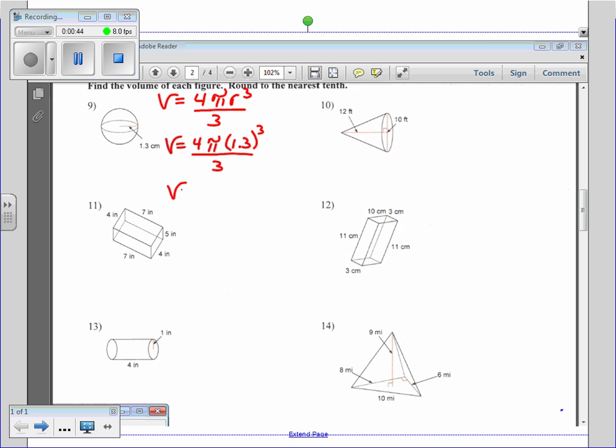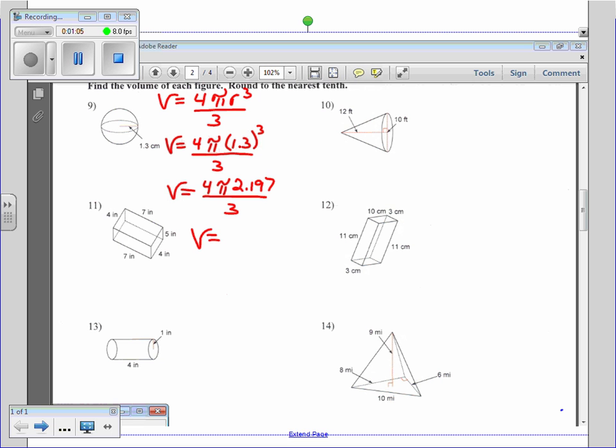My first step is to cube the radius, so 1.3 cubed should be 2.197, so I have 4 times pi times 2.197, all of that divided by 3.